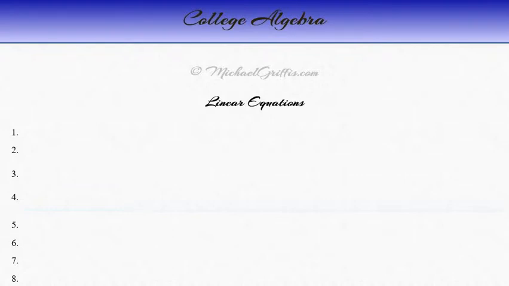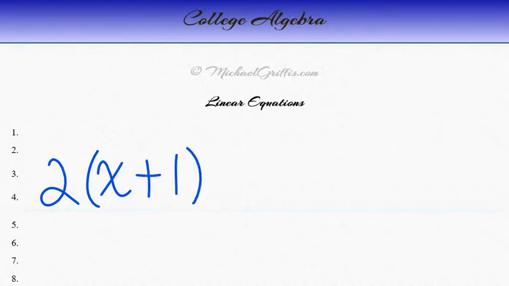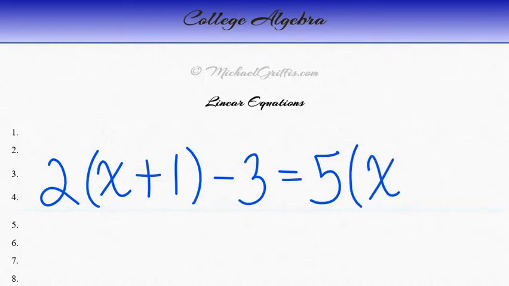We've got 2 times (x plus 1) minus 3 is equal to 5 times (x plus 1) minus 6. So we want to find the solution to this equation.